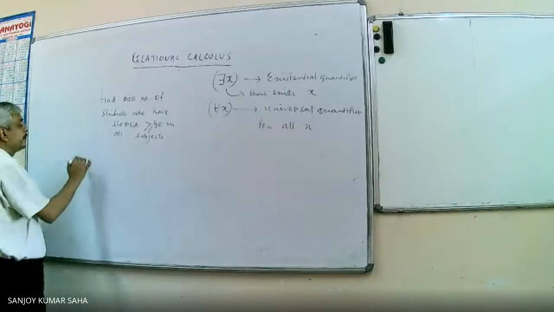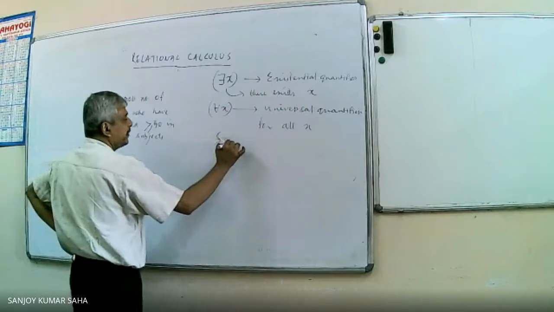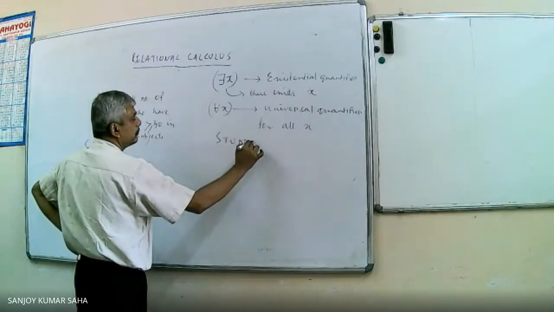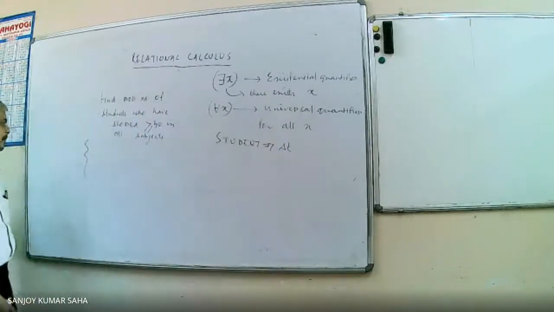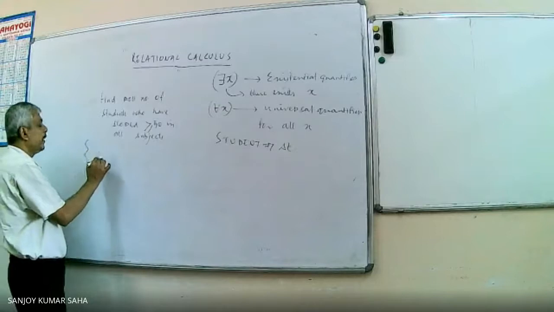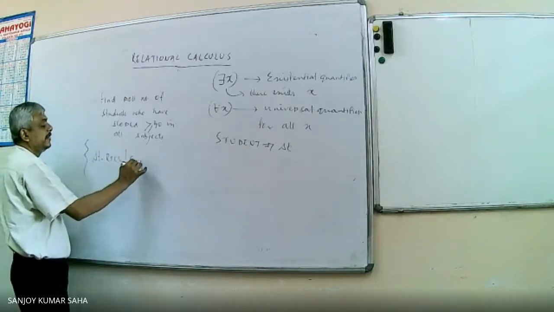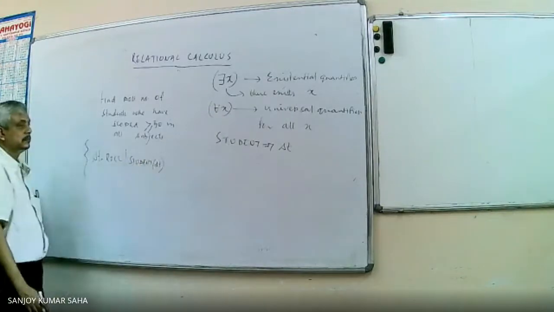In student we have the roll numbers. So I am considering for the student, say ST is the tuple variable. I want to find ST dot roll such that ST ranges over student.